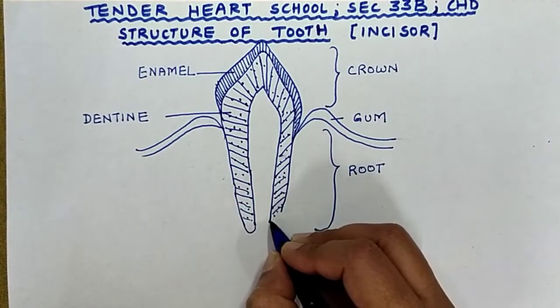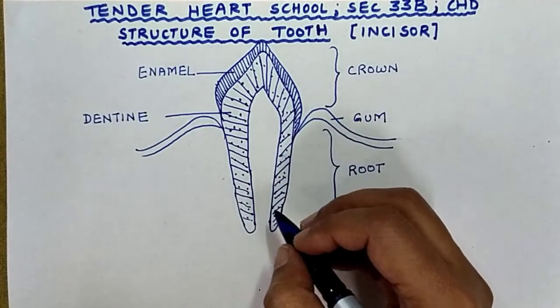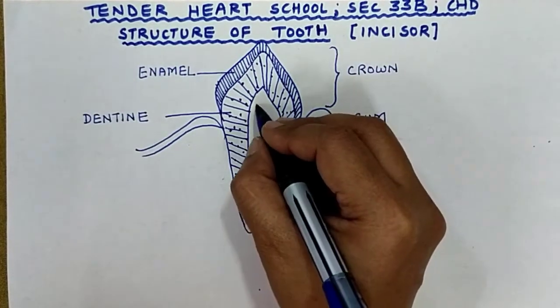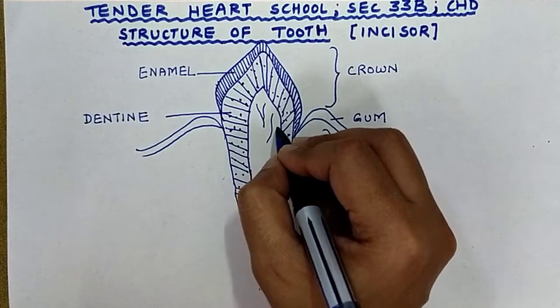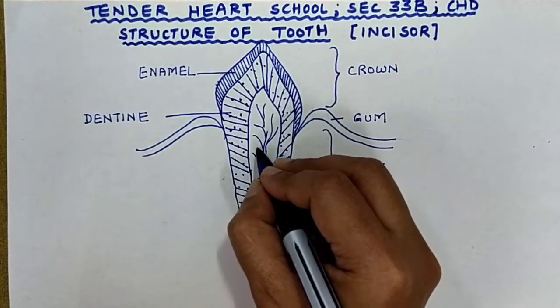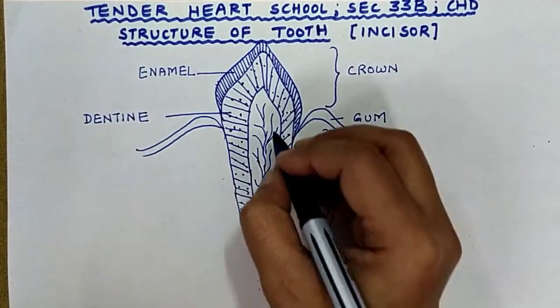Now central region of the tooth, it is forming the pulp cavity. Now in this pulp cavity is present the pulp. Pulp is basically formed of various nerve fibers, blood vessels. It is the soft connective tissue which is present in the central region of the tooth.